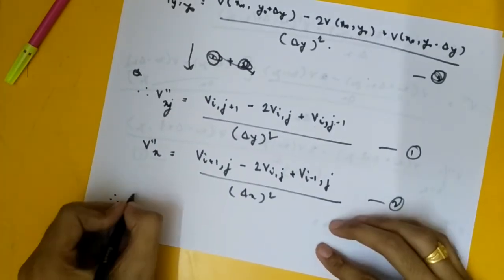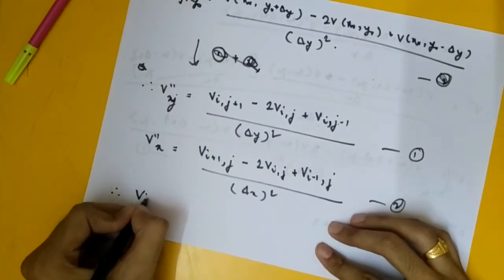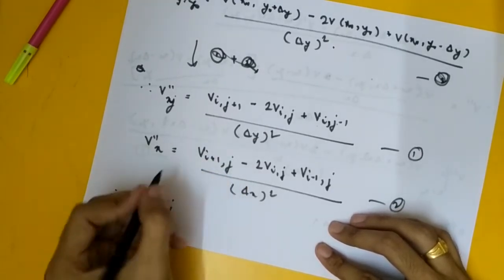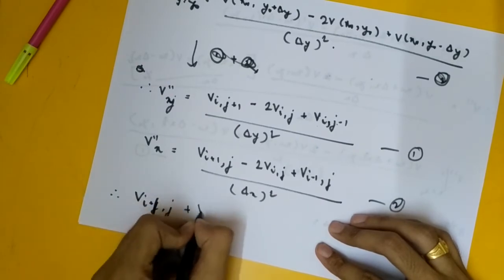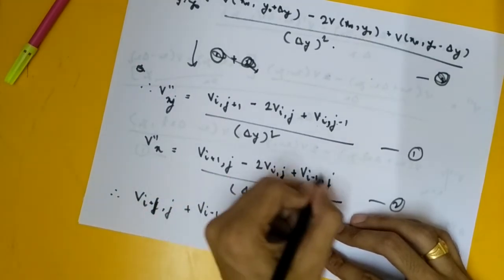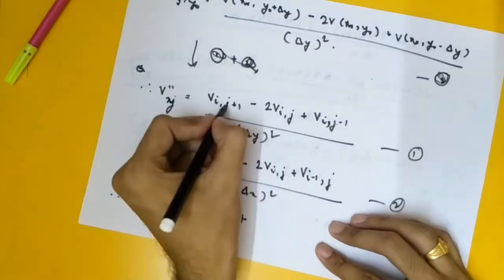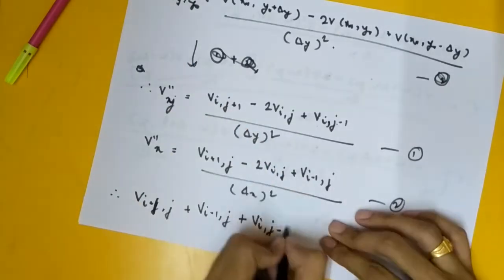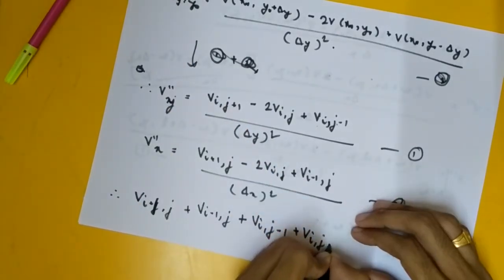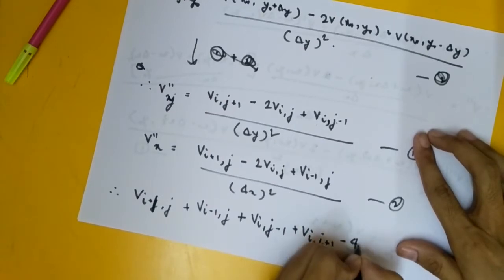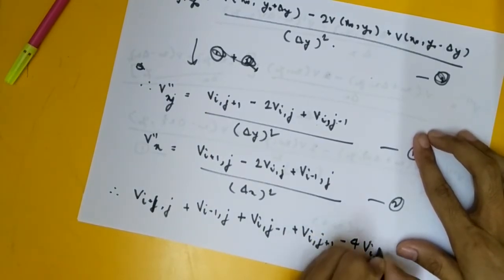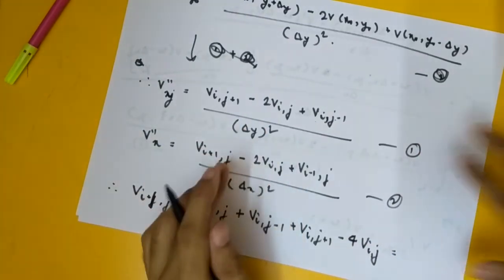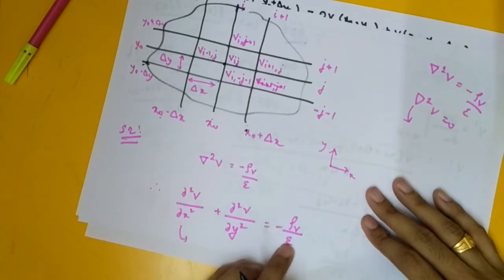So you will get therefore v i plus 1 comma j, plus v i minus 1 comma j, plus v i comma j minus 1, plus v i comma j plus 1, and these 2 will be minus 4 v i comma j, equal to minus rho v by epsilon, right?